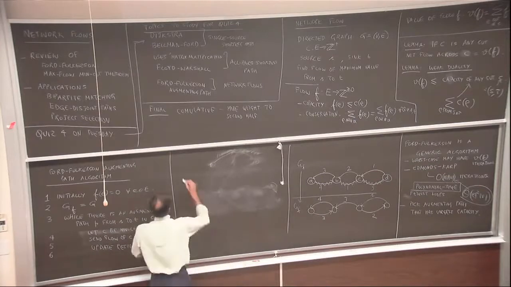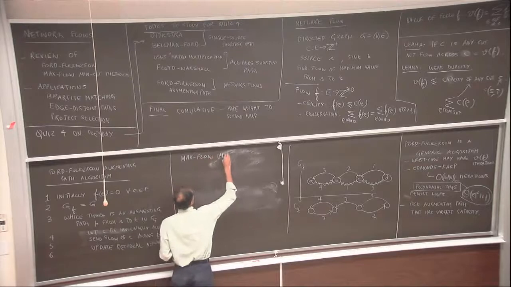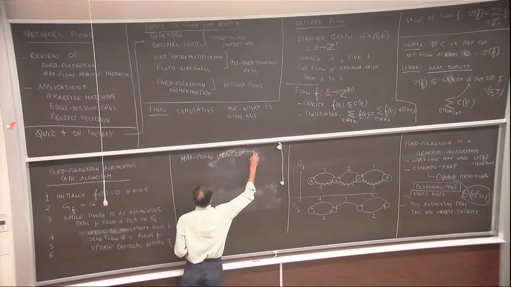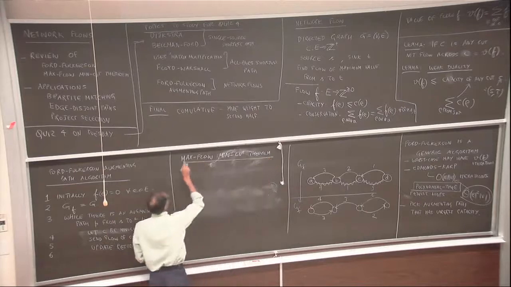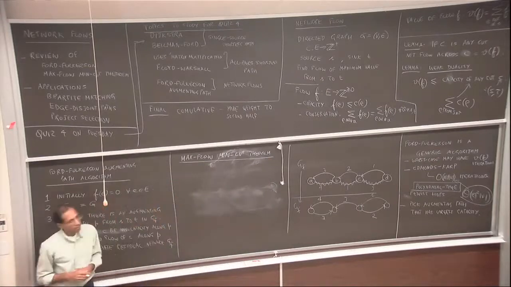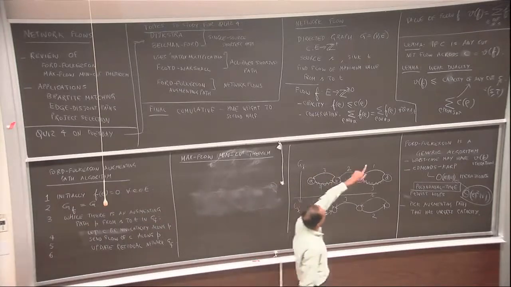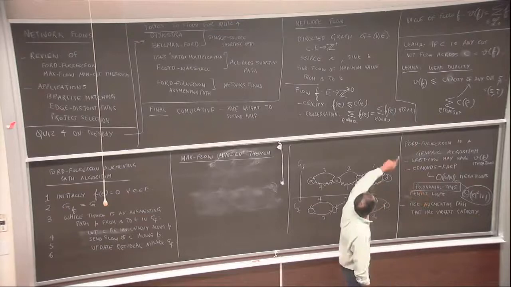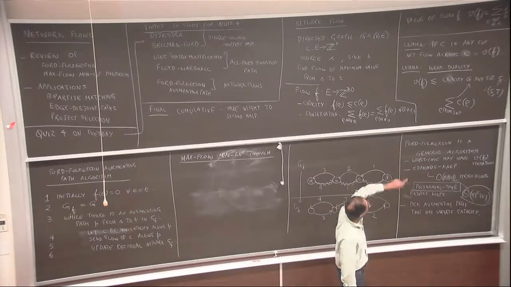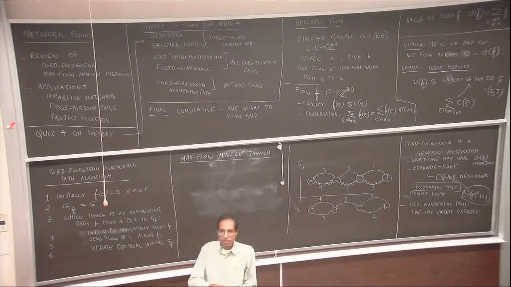As we discussed last time, by weak duality, and the reason it's called weak duality will be clear, the maximum flow is at most the minimum cut.